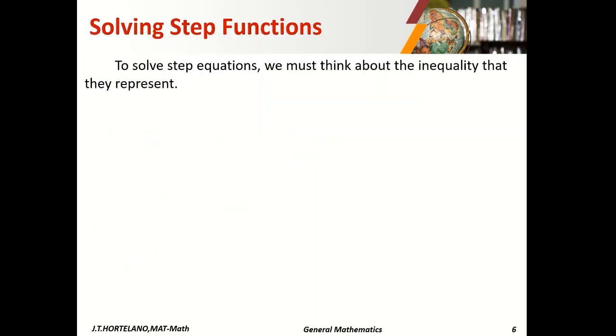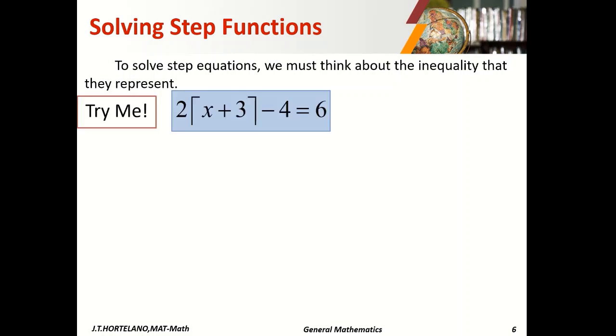Next is solving step functions. In solving step functions, we have two special types of step functions, the floor function and the ceiling function. The example here is an application of the ceiling function. So first thing to do is simplify the given. Let us isolate 2 times ceiling of x plus 3 minus 4 is equal to 6.